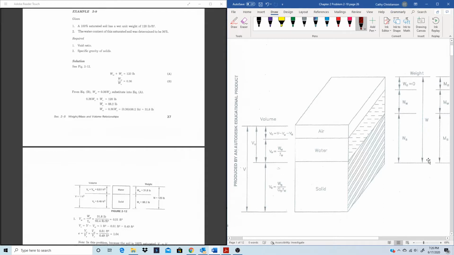I'm using a different pen today. So the weight is 120 pounds per cubic foot. Okay, and you're given the water content. That's all that we're given. They want the void ratio and specific gravity of the solids.